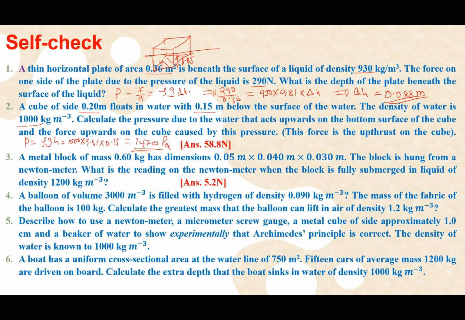And then the force upwards on the cube caused by this pressure. We know force is going to be pressure times the area. So the pressure is 1470. The area is going to be 0.2 squared, because it is 0.2 by 0.2.